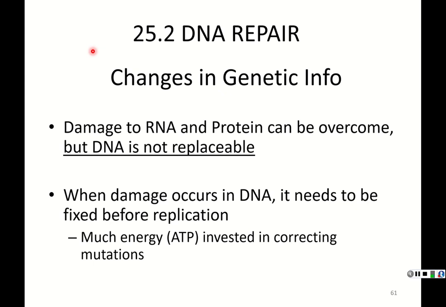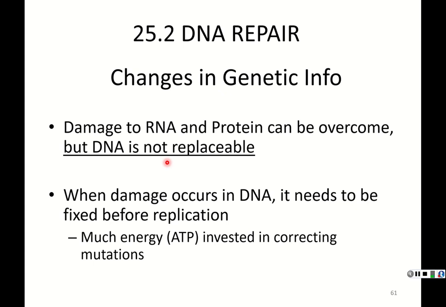Moving on to the second section, DNA repair. Damage to things like RNA and protein are not so important because RNA and protein are constantly being degraded and resynthesized within a cell. So if you get something that damages them, no big deal, because it can just be degraded and replaced.